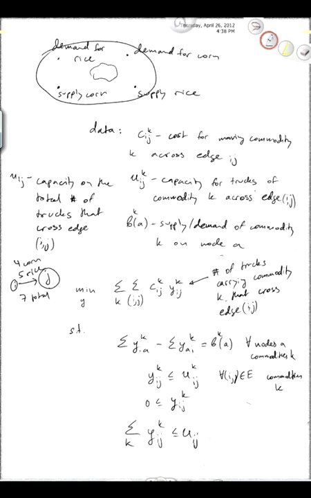This is the fourth general kind of network problem that we're going to look at in class, and it's called the multi-commodity flow problem. It's called multi-commodity flow because we have many different commodities, and we want to make sure that we're shipping each kind of commodity.